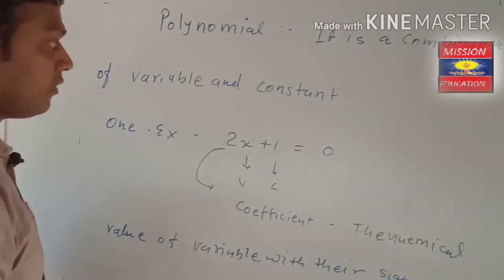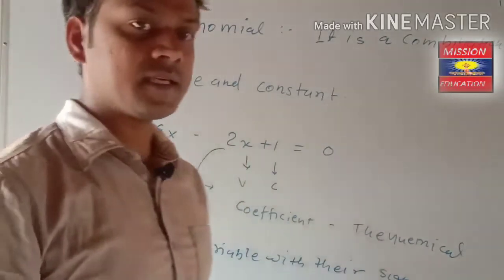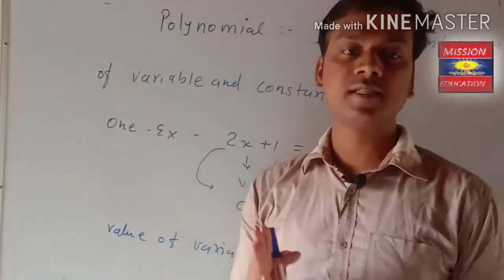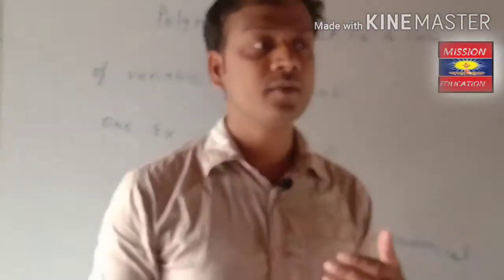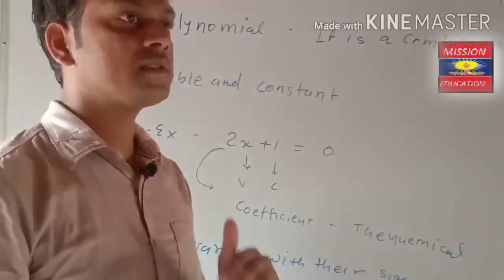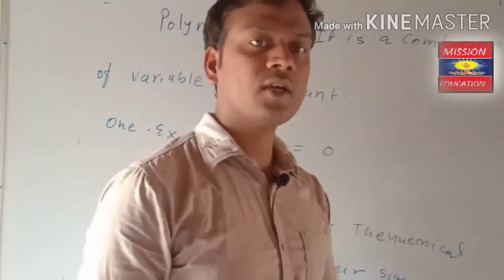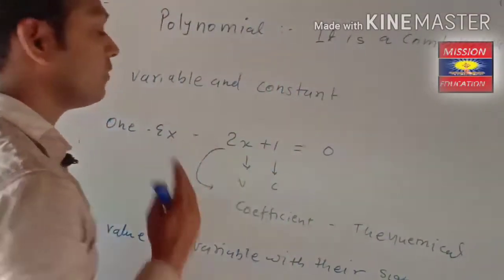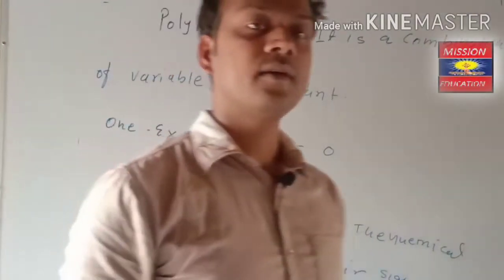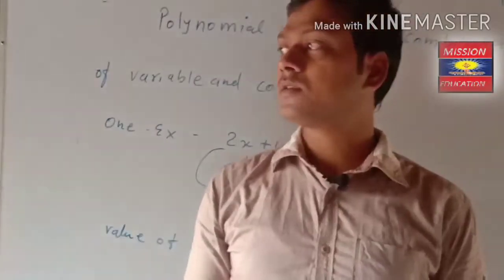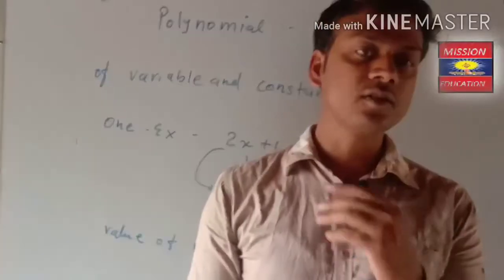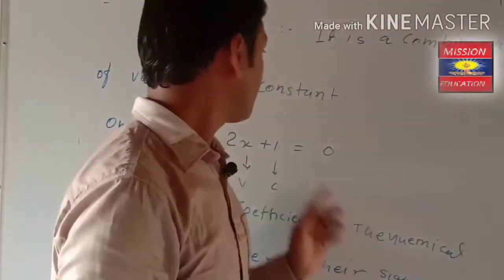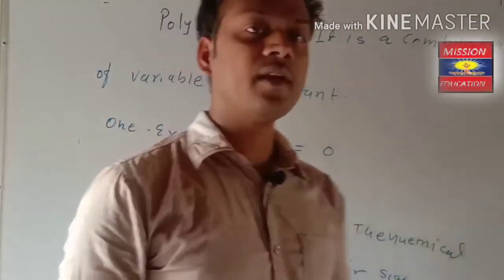Here the variable is x and its value always changes from place to place, meaning x may be 0, maybe positive, maybe negative. But 1 is always 1. We cannot change the value of 1 to 2, or 2 to 3, so it is a constant. So a polynomial is the combination of variable and constant.